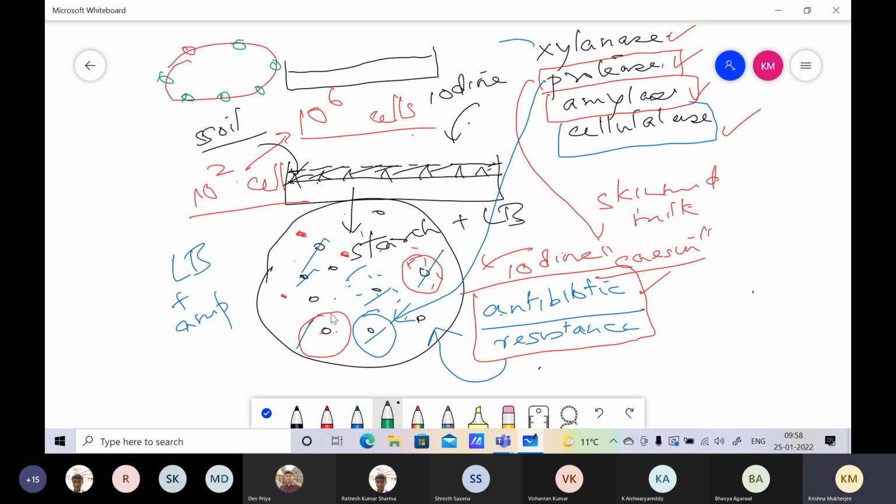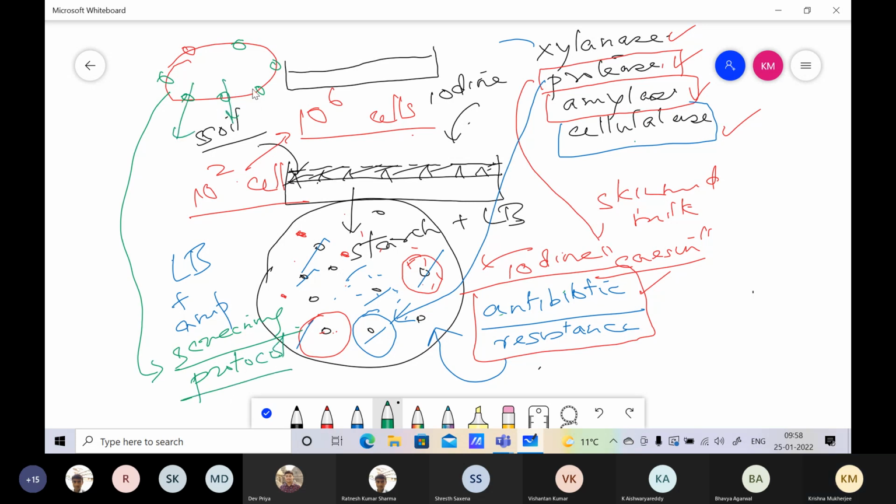I want to screen, just like we screen for amylase and cellulase. Now we are in a more interesting screening protocol. I need a screening protocol which picks out cells which export the protein outside. That is a much more difficult question.